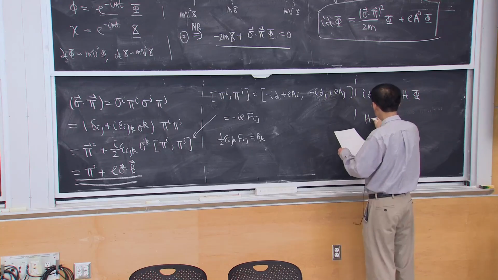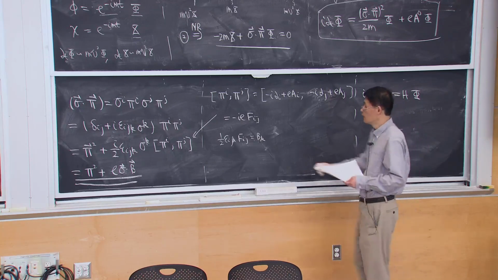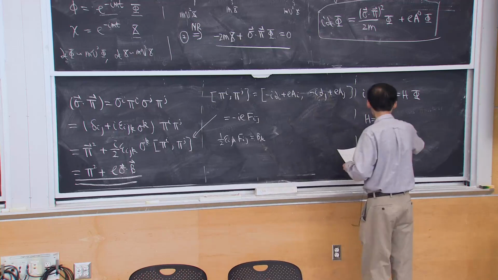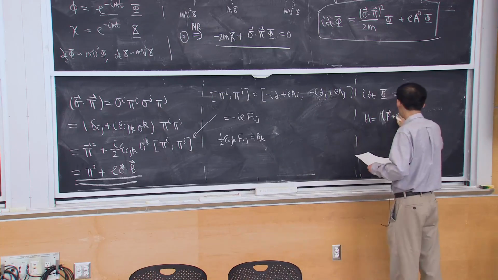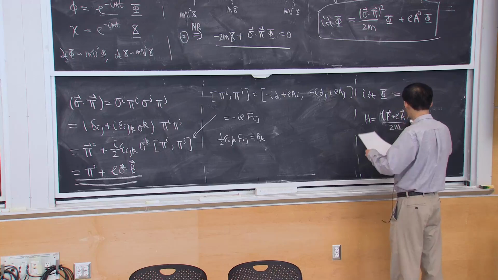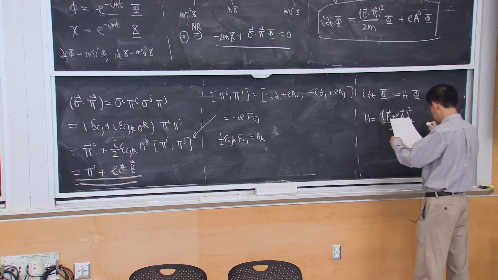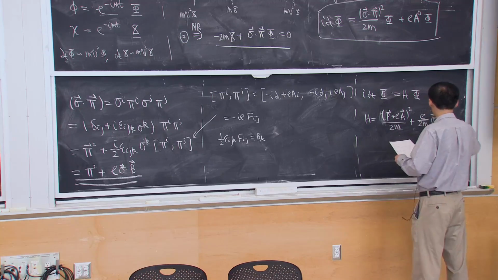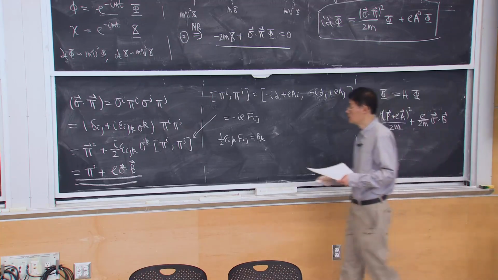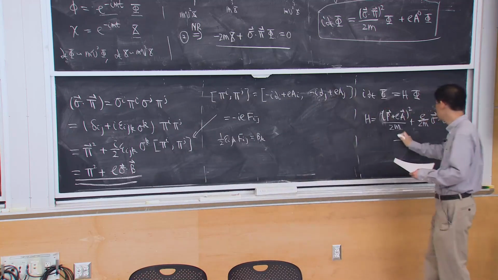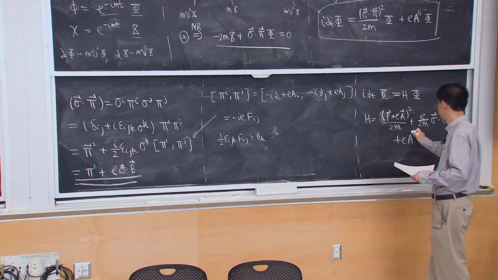Now H has pi squared, which if I write it explicitly is (p plus eA) squared divided by 2m, then plus e divided by 2m sigma dot B, which comes from this term, and then the last term is eA0.